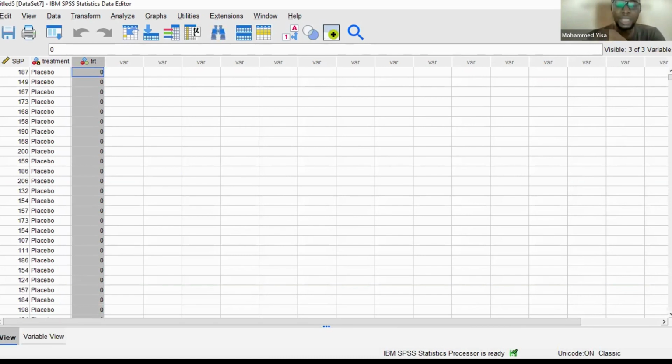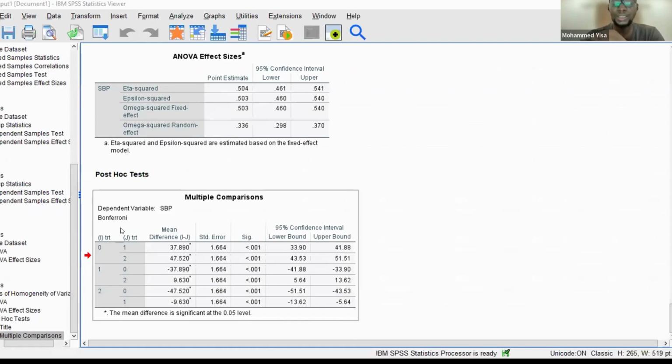So if you come to the outputs and you are seeing treatment here on top, it doesn't mean that all of them were just subtracting the same group from the same group. We're not subtracting treatment group from treatment group.